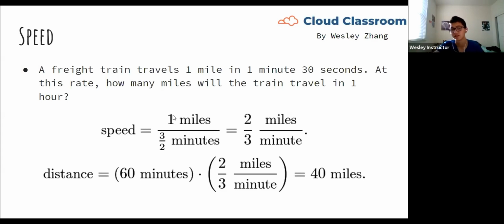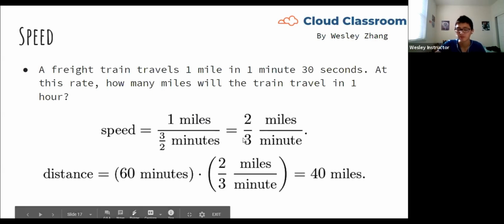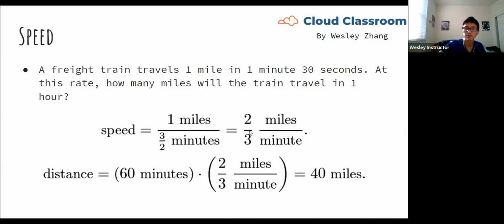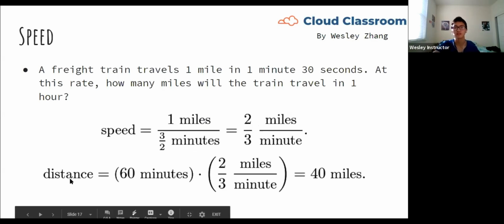So speed is distance over time. So 1 mile over 1.5 minutes, and that gives us 2/3 miles per minute. That's our speed, but we want the distance, and distance is speed times time.